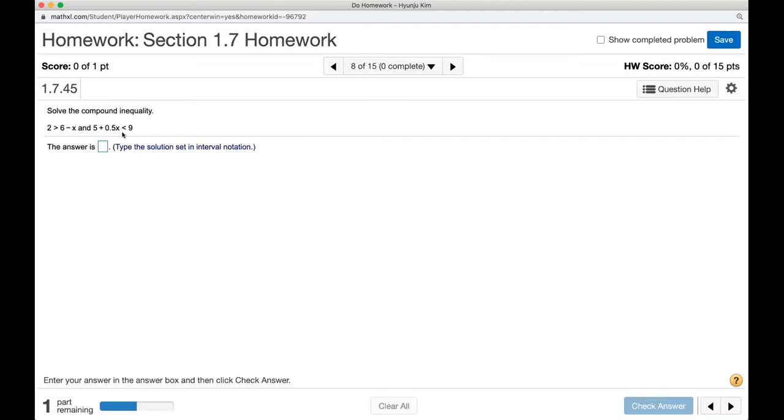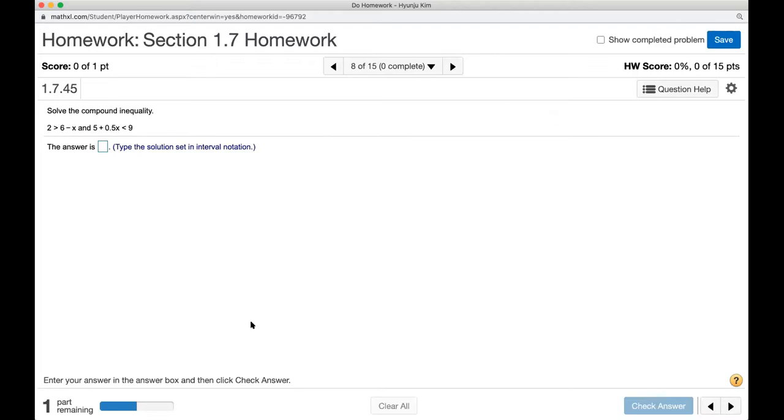For example, let's say x equals 5. Then 2 is greater than 6 minus 5, which must be true, right? And then 0.5 times 5 is less than 9. Yes, it's true. So x equals 5 is a solution satisfying both linear inequalities.